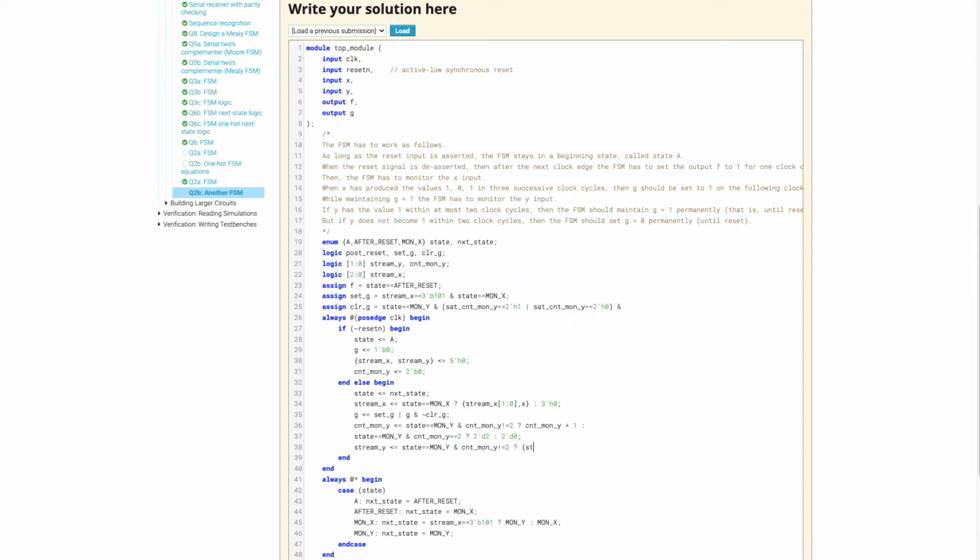Suppose Y is 0, then next cycle stream of Y is 0, 0. And then suppose next cycle is 1, then it'll be 0, 1.